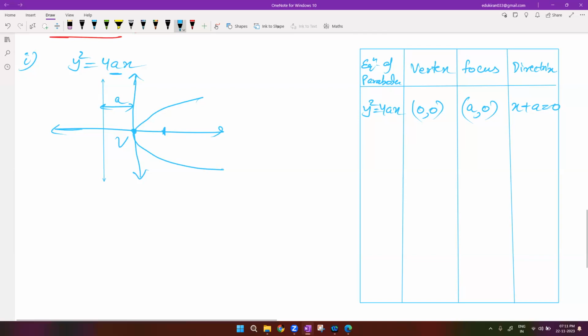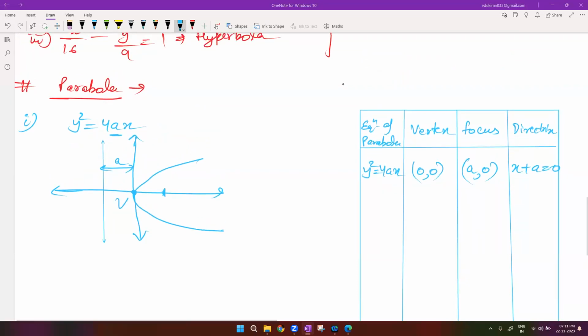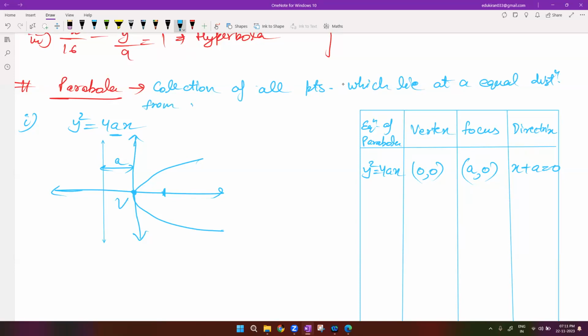Right? Okay, sir. But the parabola definition we need to understand, which says, just a minute, I'm writing it here: collection of all points which lie at an equal distance from a fixed point.